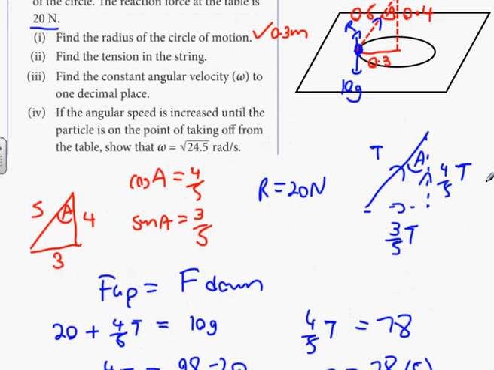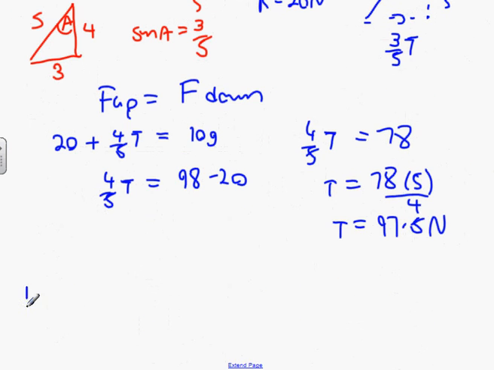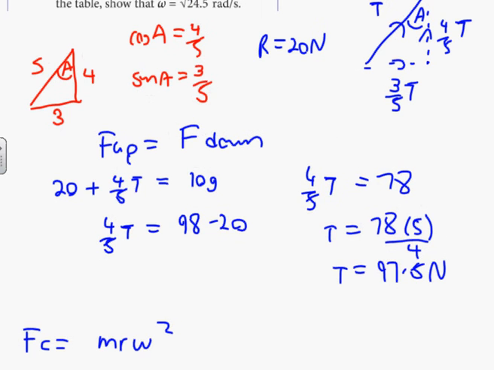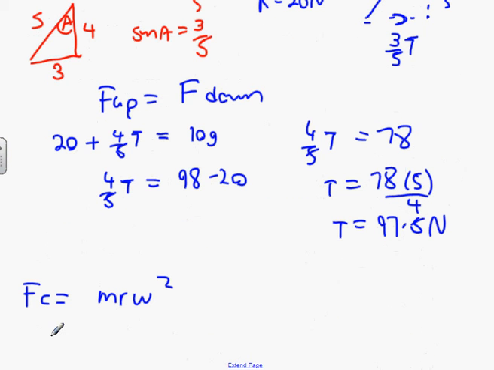Now, find the constant angular velocity to one decimal place. Fc equals m r omega squared. What's Fc, guys? What's forcing it to go into the middle of its circle? Your 3/5 of T. Your 3/5 of T is what's causing it to circle in its motion. Your mass is 10.